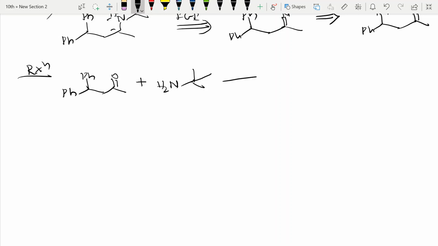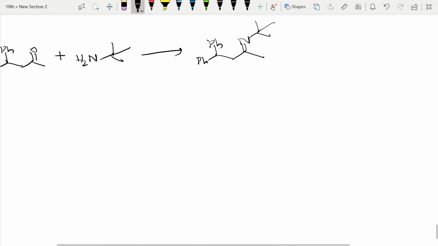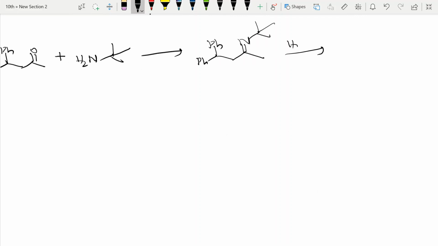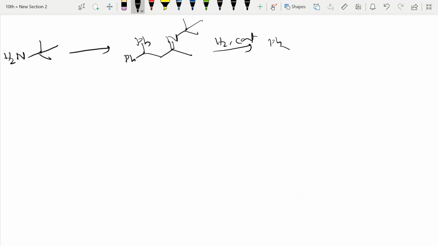So what happens, in this reaction I will get a double bond, N here, with this group. Further, I will use a hydrogen catalyst to reduce that double bond, and I will get a single bond, Ph, CH2, NH, tertiary butyl, and this is the product.